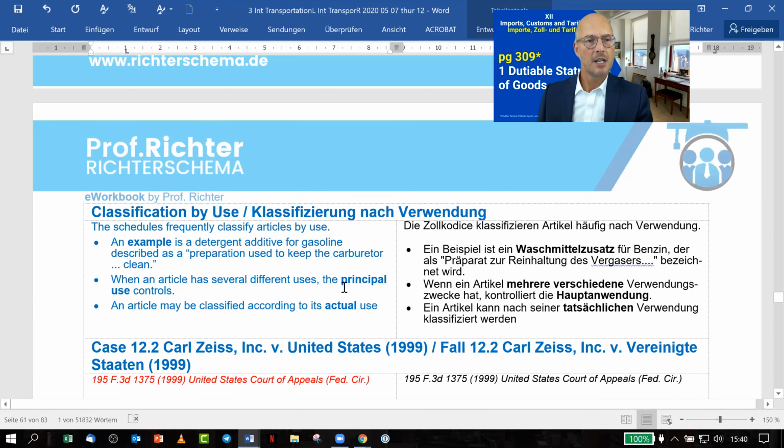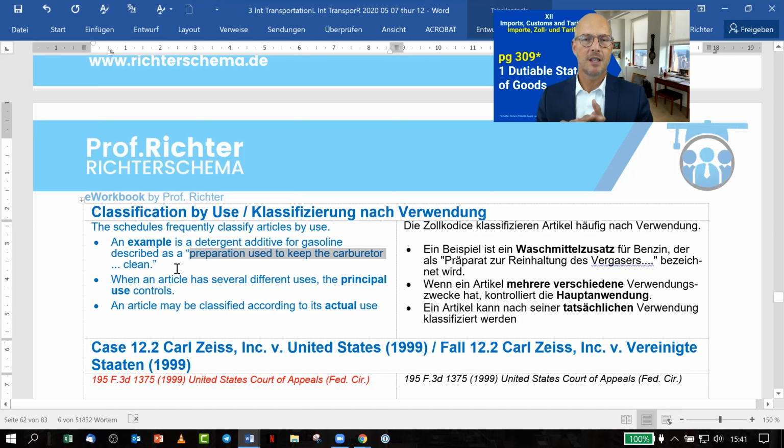Sometimes we have a classification by use. I already mentioned this. An example is a detergent additive for gasoline, and it can be described as a preparation used to keep the carburetor clean, right?